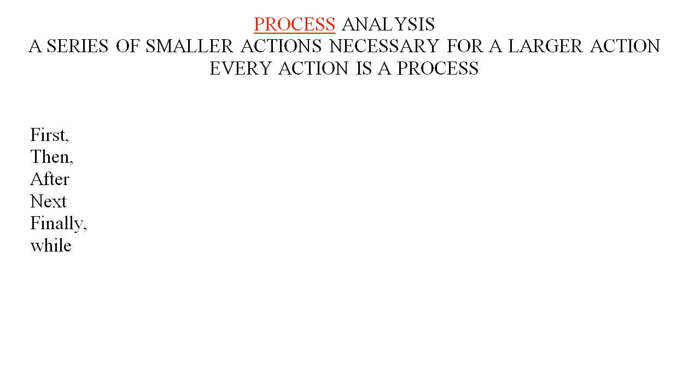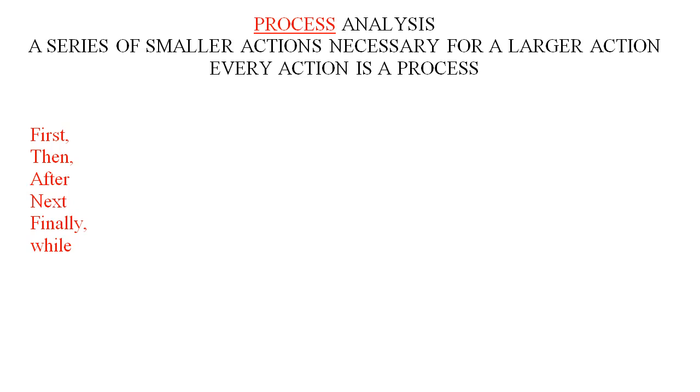And notice how the transitions that I use to describe these steps are transitions of time, talking about what happens first, the order things happen in, and in fact, what is the last thing, finally.